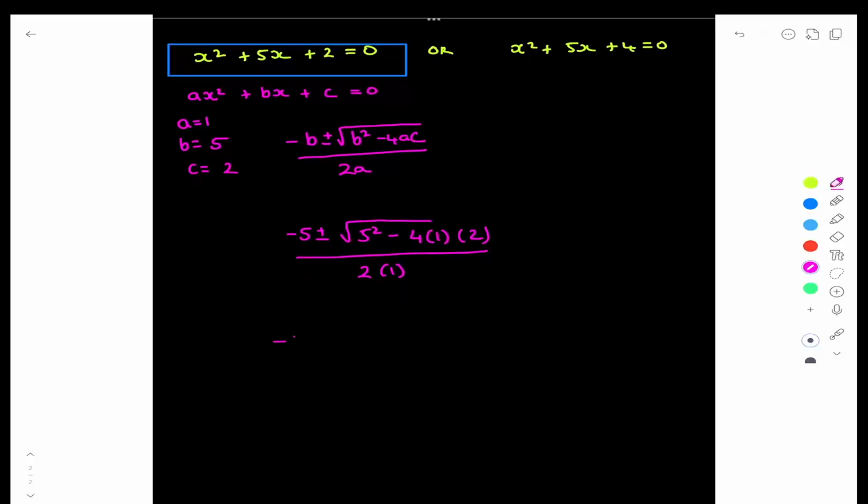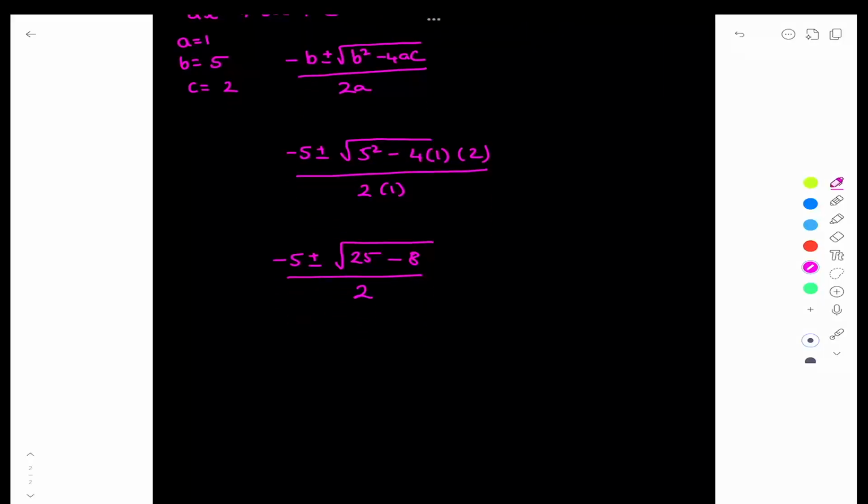That would give me negative 5 plus or minus, 5 squared is 25, 4 times 1 times 2 is 8, and it will all be over 2. We can simplify that even further, as 25 take 8 is 17. So we could say negative 5 plus or minus root 17, over 2.